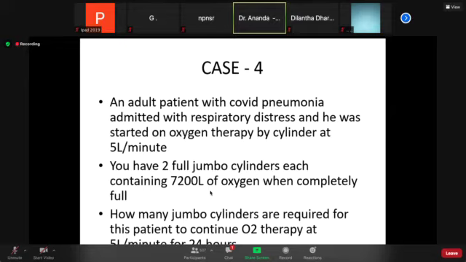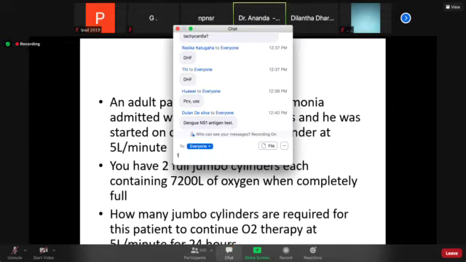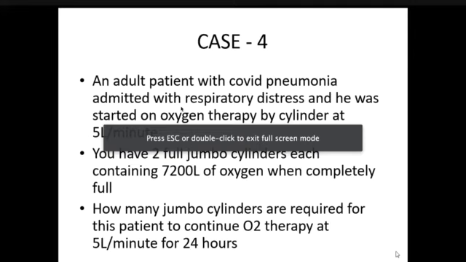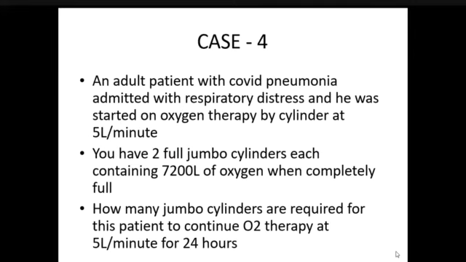Can somebody calculate and see? Okay, I got one answer saying 1 cylinder.